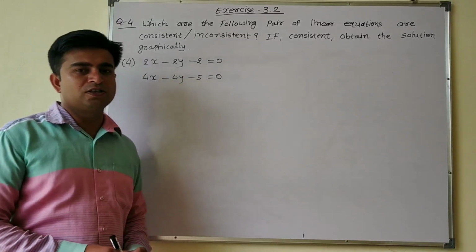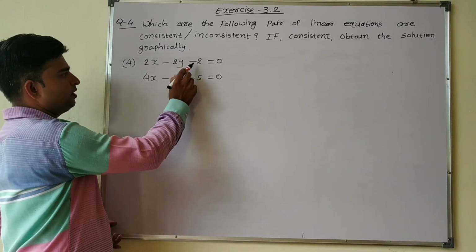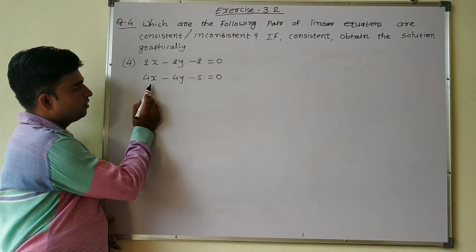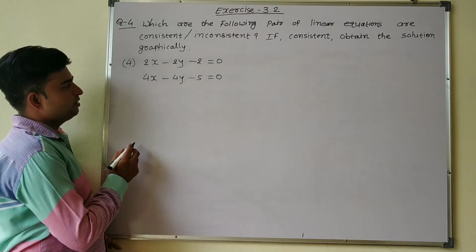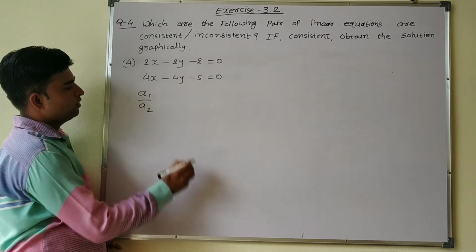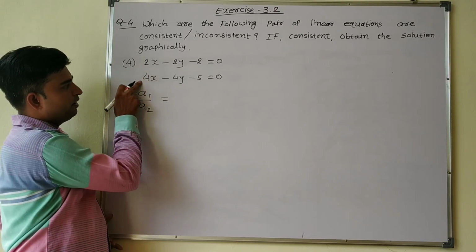Now let's see the fourth number of question 4. 2x minus 2y minus 2 is equal to 0, that is the first equation. 4x minus 4y minus 5 is equal to 0, that is the second equation. So here we have to find the ratios. So first ratio a1 upon a2. From here a1 is 2 and a2 is 4.